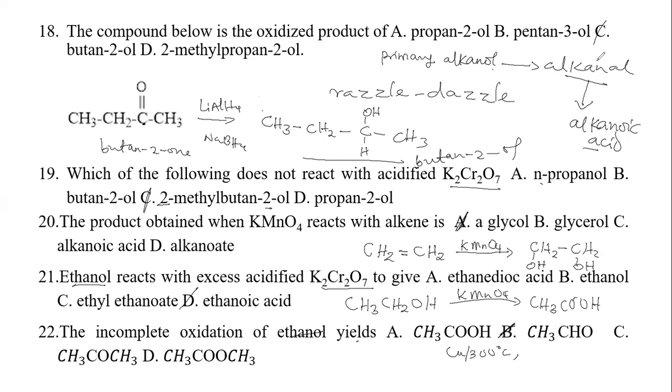And the reaction is very fast at this point when it is a strong oxidizing agent. But for a weak oxidizing agent, ethanol will be oxidized to ethanal. That is incomplete oxidation. And from ethanal, it will be oxidized to alkanoic acid.